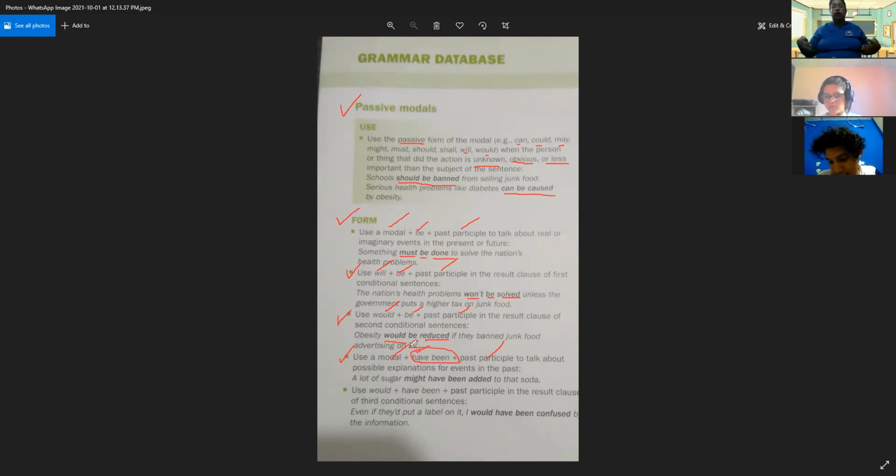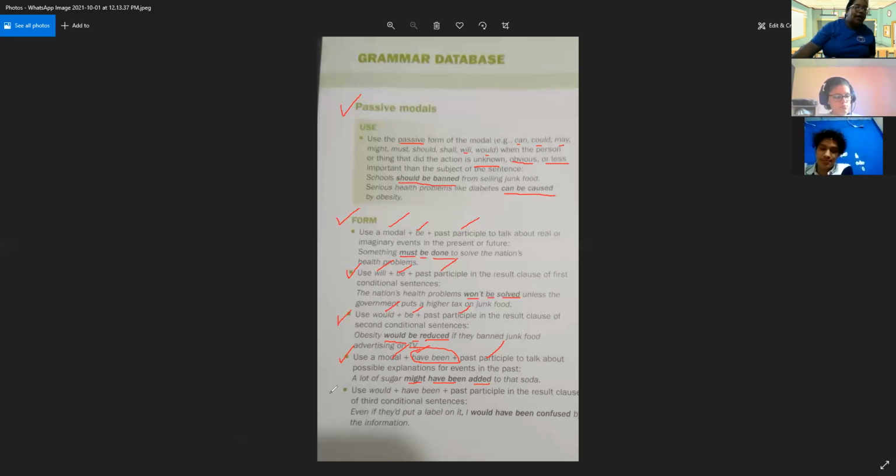For example, a lot of sugar might have been added to the soda. ¿Ok? Aquí tenemos el modal, might, tenemos el have been, and the verb in the past participle. The base form of the verb is add, and the past participle is added. Un poco de azúcar debió haber sido agregado a la soda. ¿Ok? Entonces tenemos mi modal, tengo el have been y tengo el past participle.